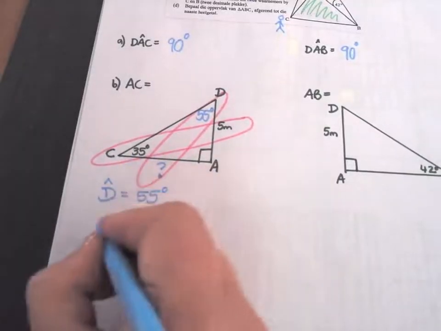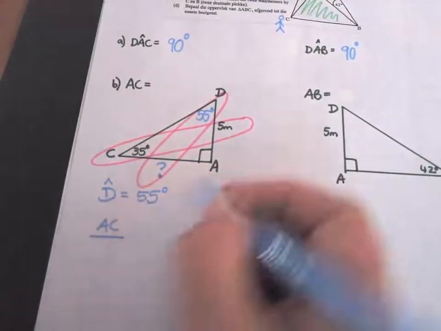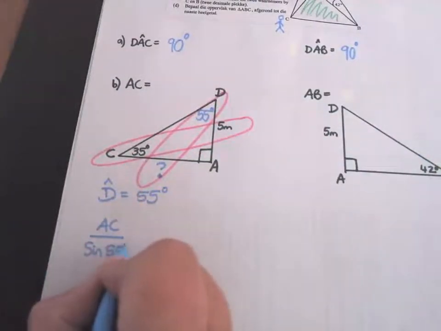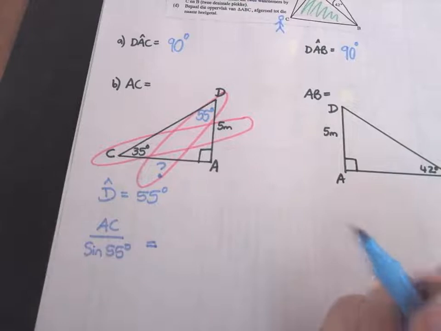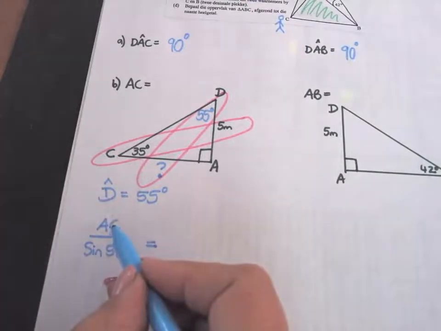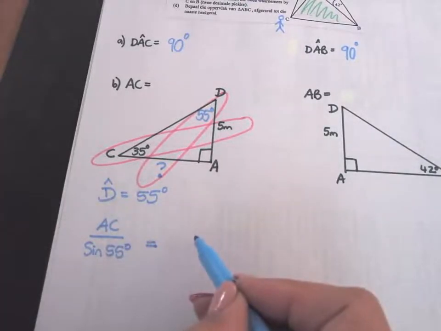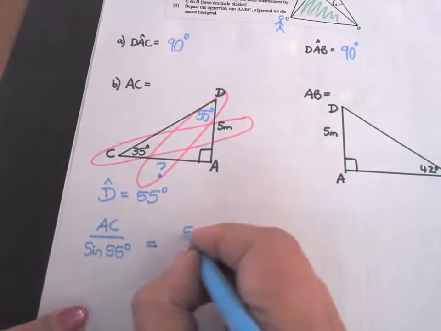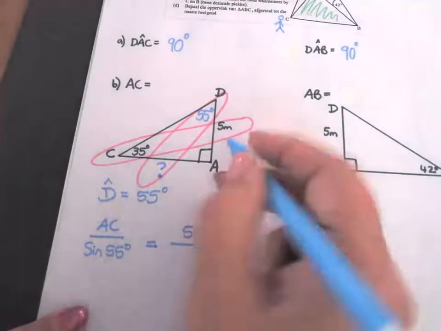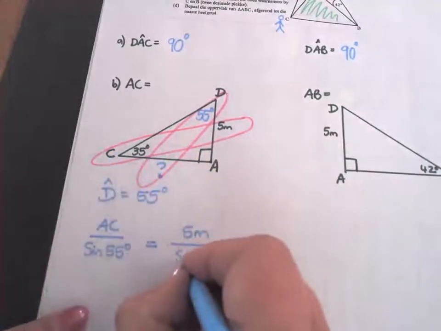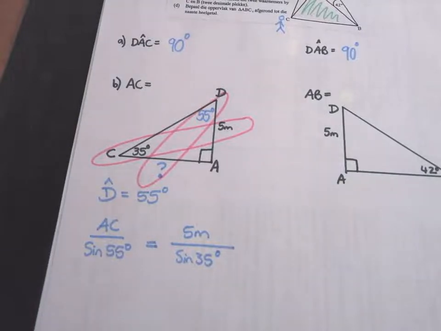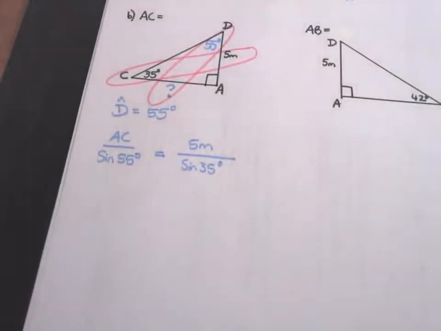I want this. AC over sine 55 will be equal to, I started with a side length on top, so I must use the side length on top as well, DA, or 5 meters, over sine 35. Now I can calculate AC with cross multiplication.